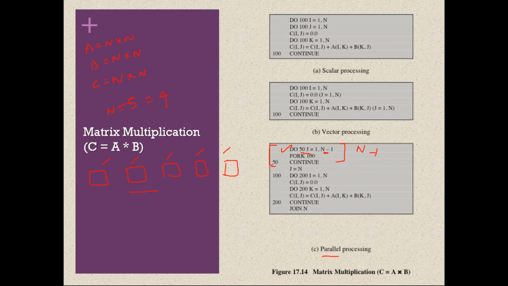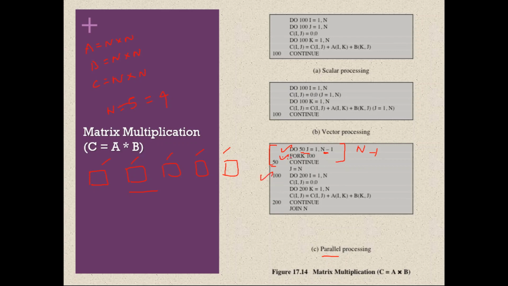Inside this loop, what is fork used for? In Linux we have learned fork is used to create a child process. So fork 100 will create a child process, and this child process will start executing from line number 100.